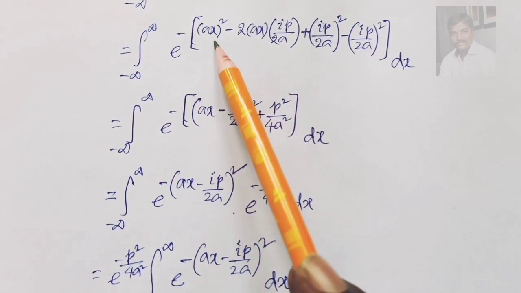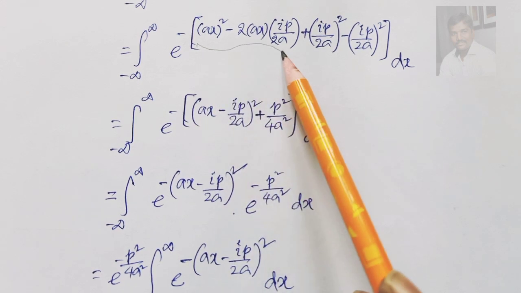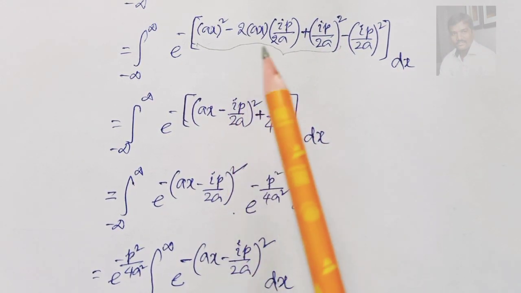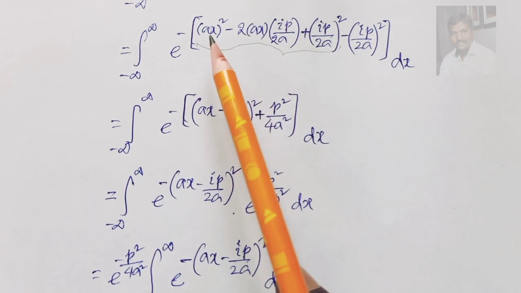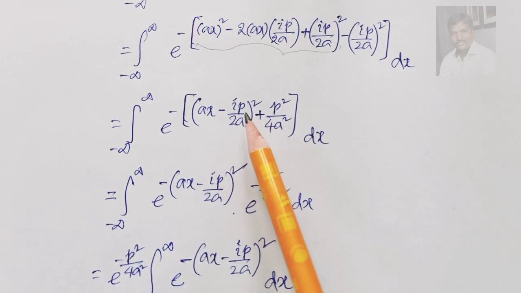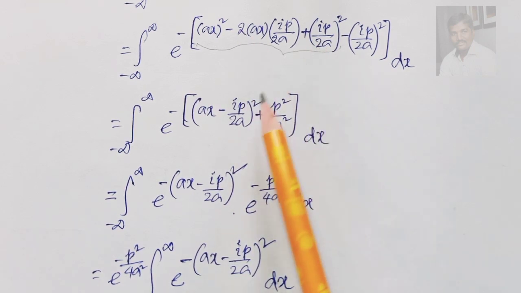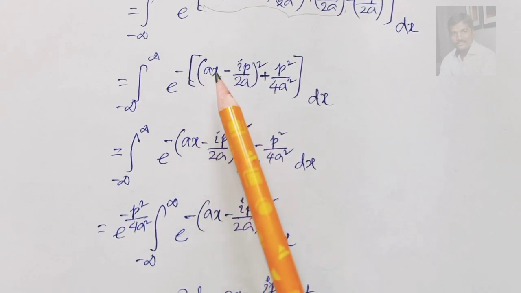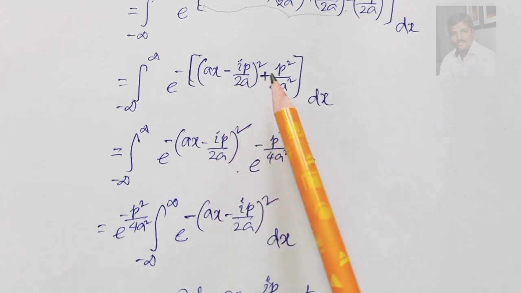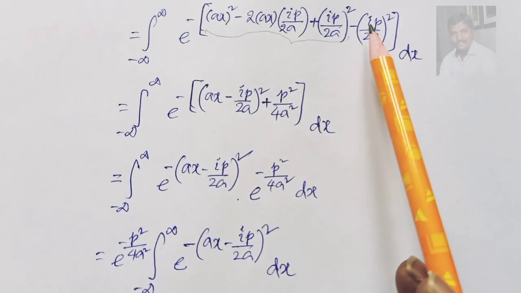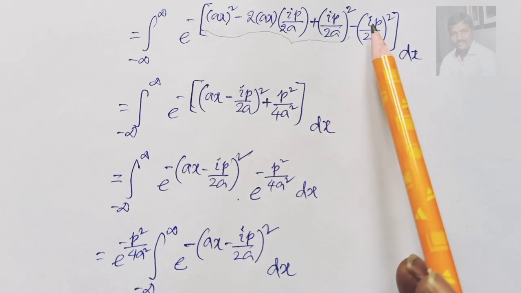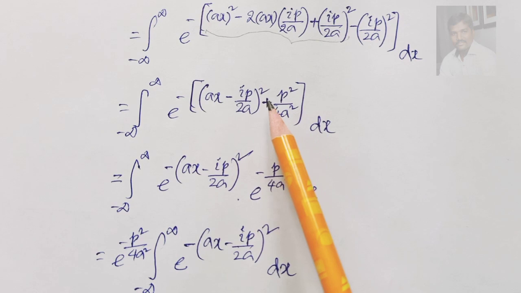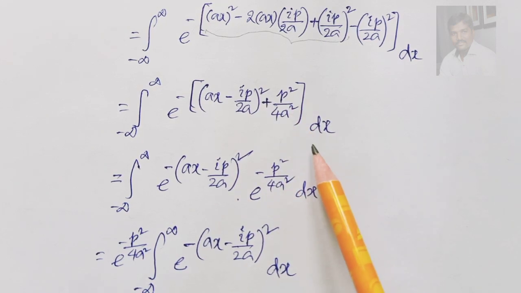Now I can write this as a minus b whole square, that is, ax minus ip by 2a whole square. And if I take the square of ip by 2a, i square is minus 1, minus minus is plus, so plus p square by 4a square, dx.